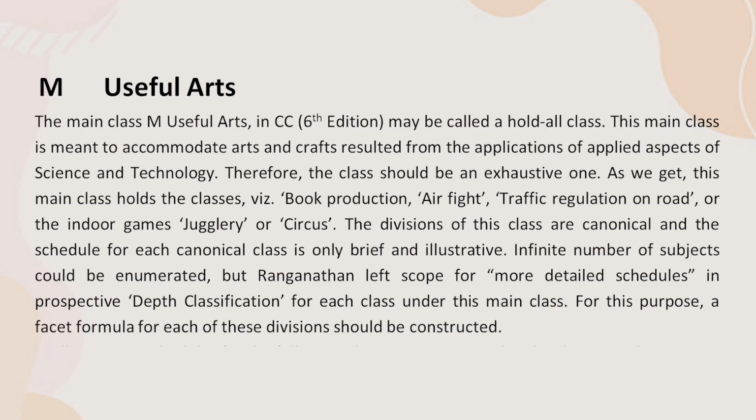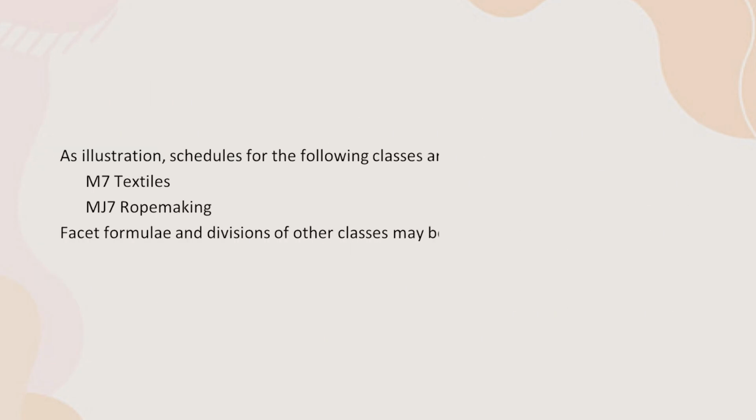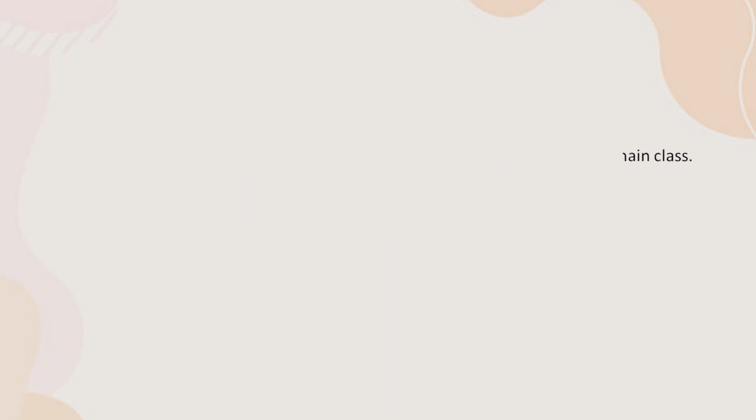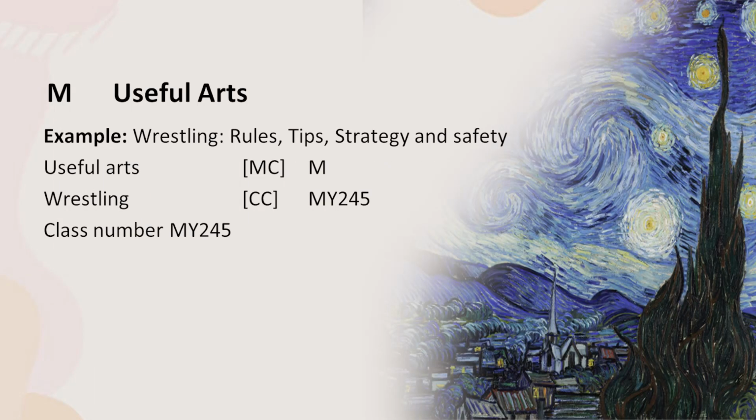For this purpose, a facet formula for each of these divisions should be constructed. As illustration, schedules of the following classes are presented under this main class, such as M7 denotes textiles, rope making is denoted MJ7. We are presenting one example, wrestling, rules, tips, strategy and safety.